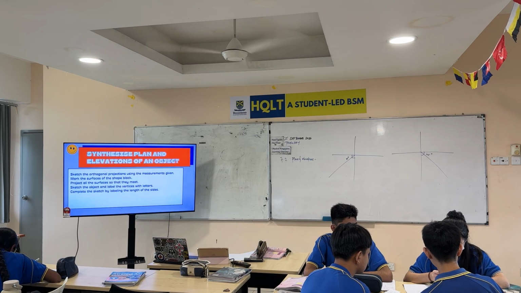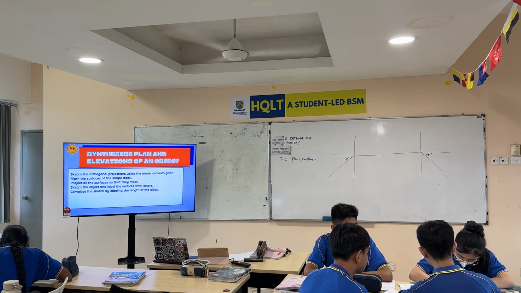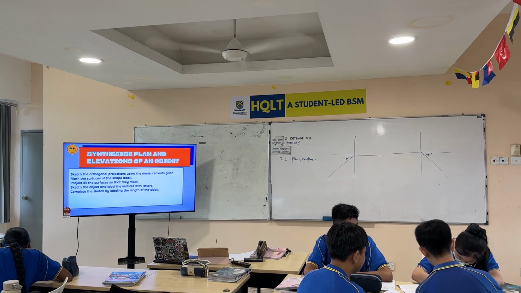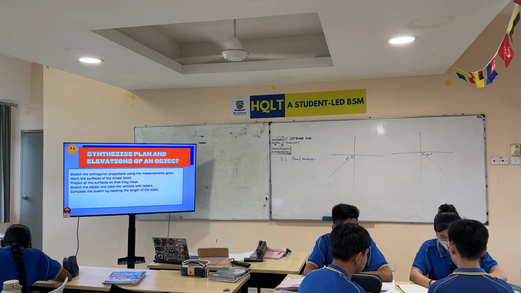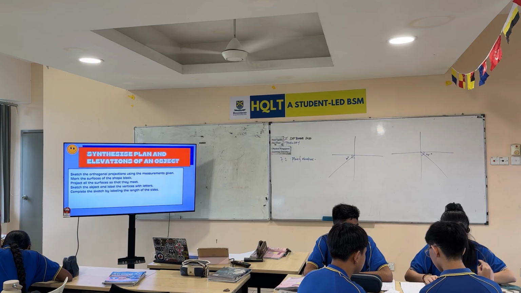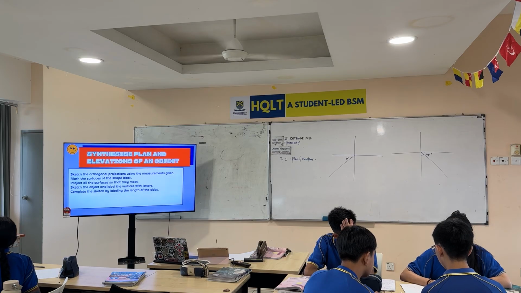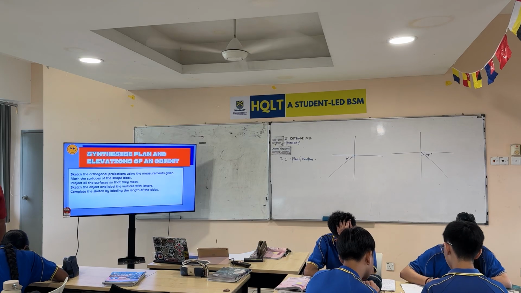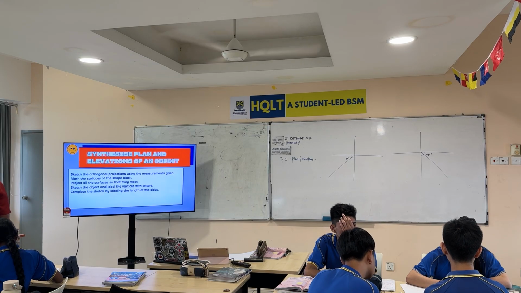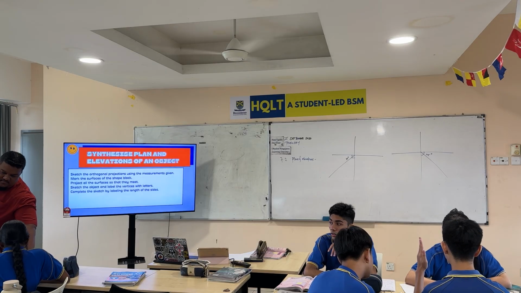Width 4 cm, length is 8. And then the square 4, right? So in the middle. So ni 8 kan?